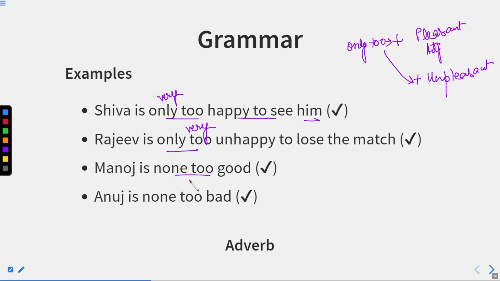Manoj is none too good. It means Manoj is not very good. It means he's good but not very good. Anuj is none too bad. It means he's not very bad. It means he's bad but not very bad. So this is how we can use none too or only too. Only too shows very and none too shows not very.